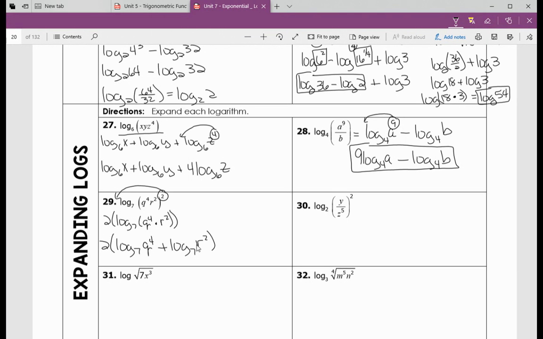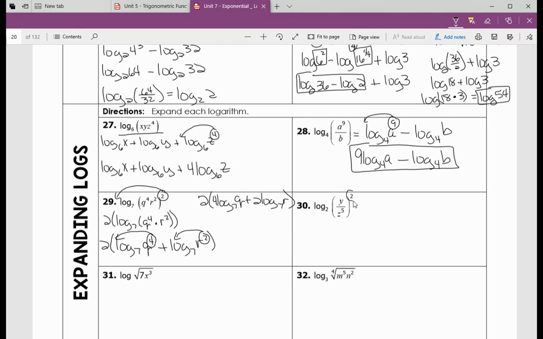And then inside the parentheses, I need to move those powers to the front. So my final answer for number 29 would be 2 parentheses 4 log base 7 of q plus 2 log base 7 of r. And that would be my final answer.